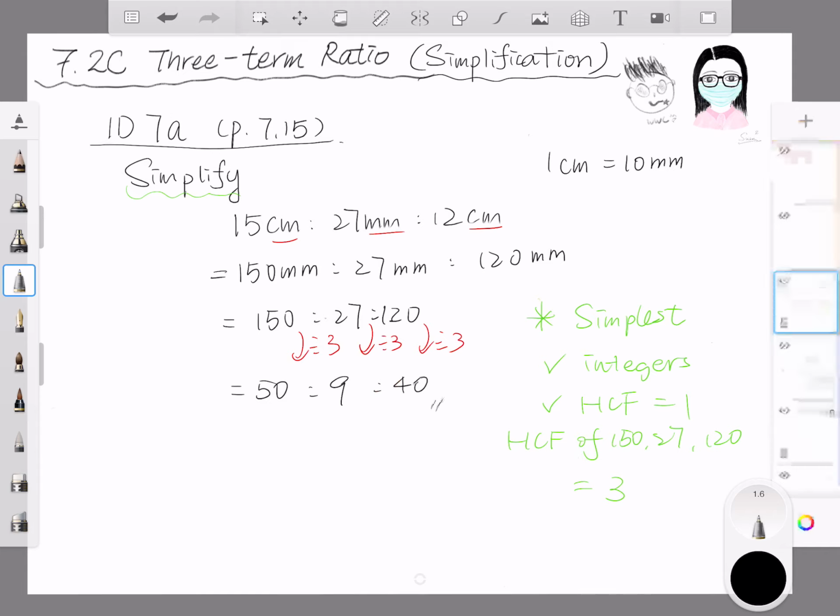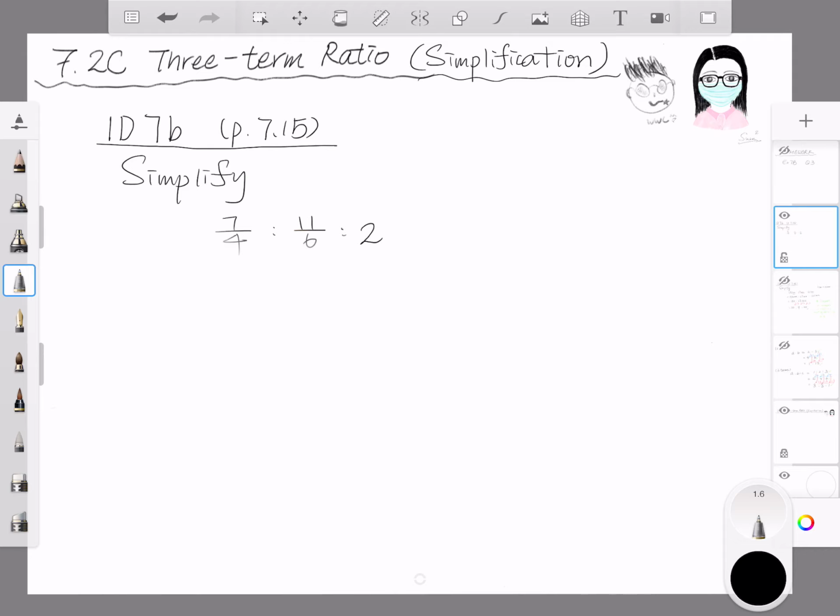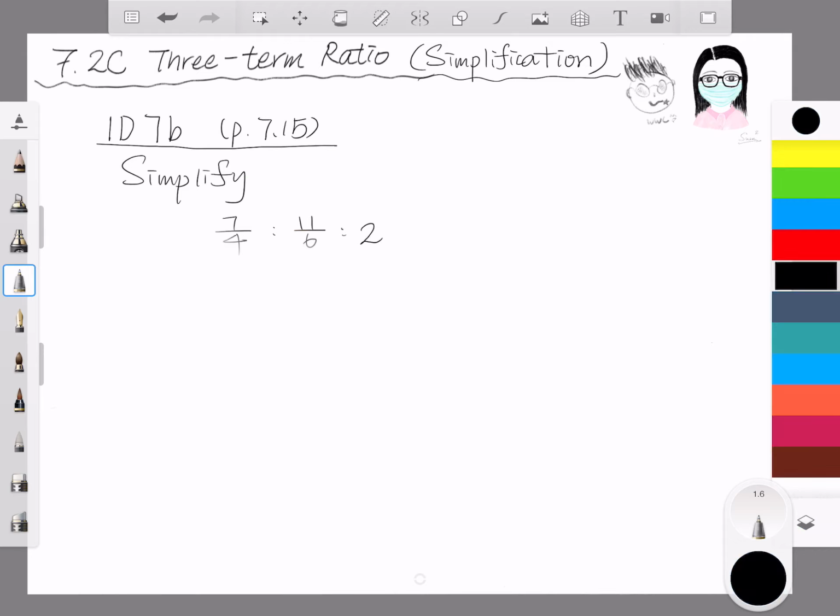So how about part B? Part B asks you to simplify this one. This time you have no units, but you have some fractions. So you have to convert all the terms back into integers to get the simplest ratio. To take away all denominators, you can multiply each term by the LCM of all denominators.